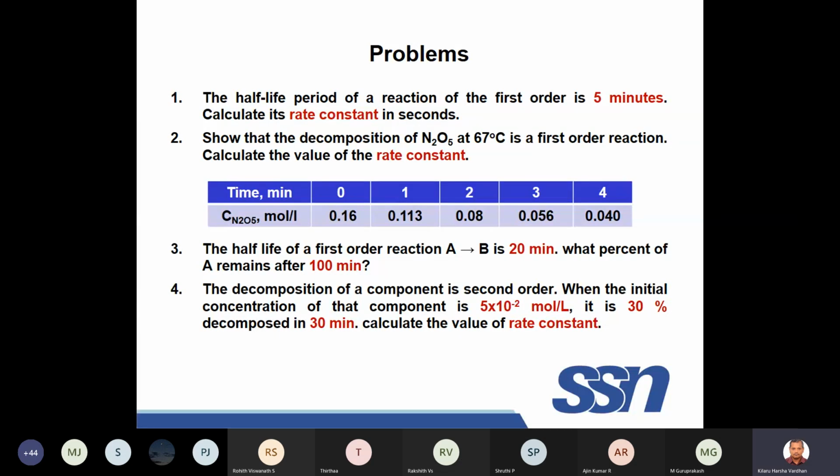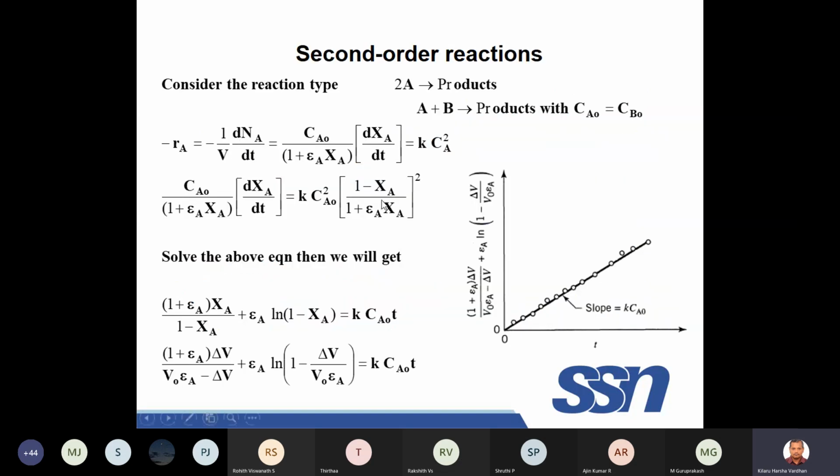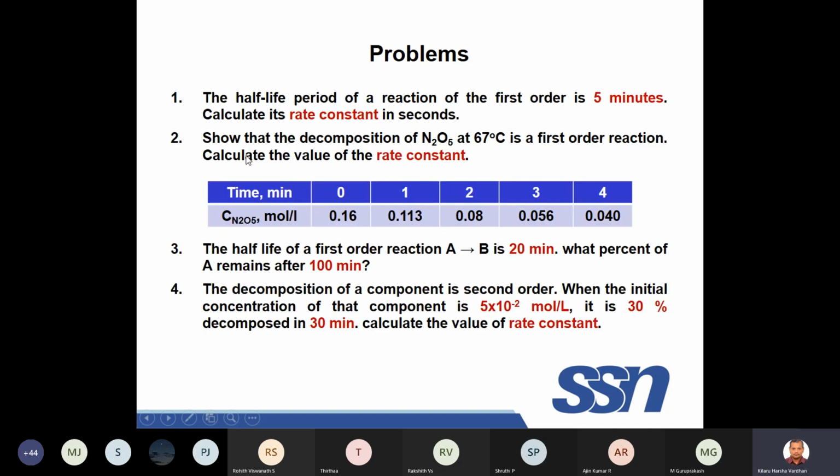We did reversible reactions, irreversible reactions, constant volume, and variable volume. Whatever the order, different equations will come, and based on that you have to use them in the problems. Those problems we'll do in the next class.